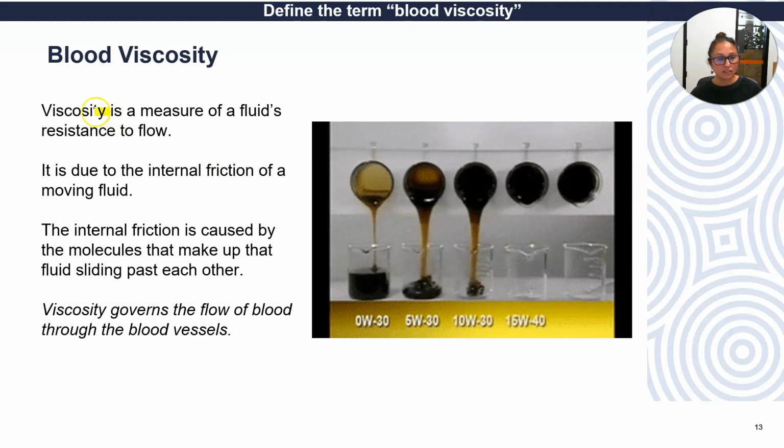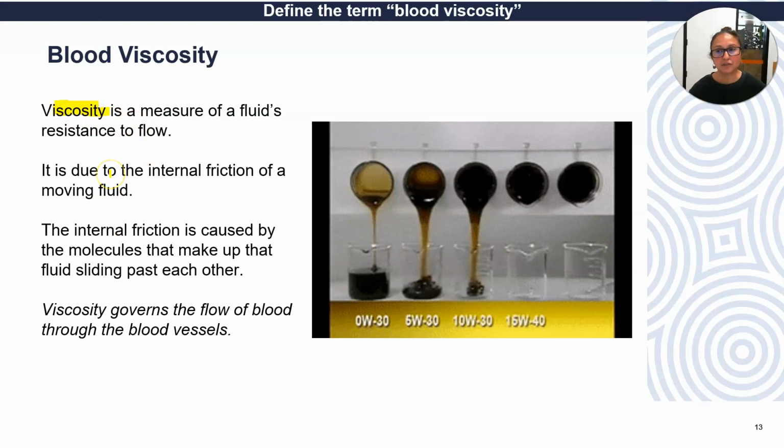The word viscosity describes how much a fluid flows, or how much a fluid is resistant to flowing. So viscosity refers to how that fluid moves and what's stopping that fluid from moving.